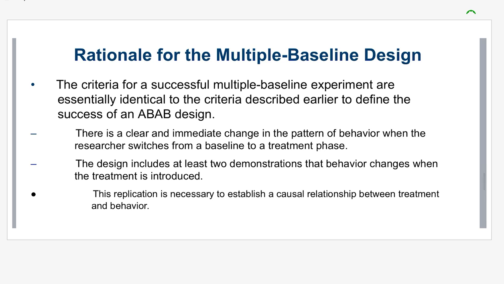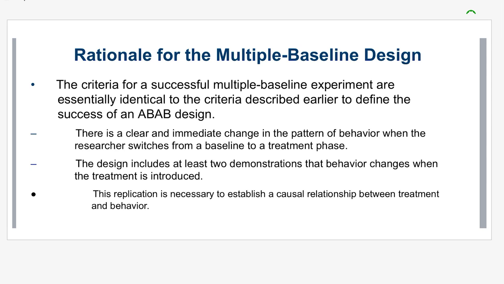So the rationale for multiple baseline designs, the criteria for a successful experiment, it's the same as what we talked about for the reversal AB design. We need that clear and immediate change in the pattern of behavior when we switch from baseline to treatment.